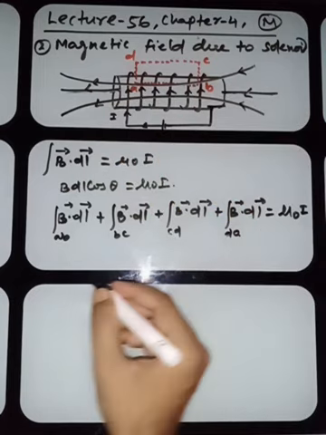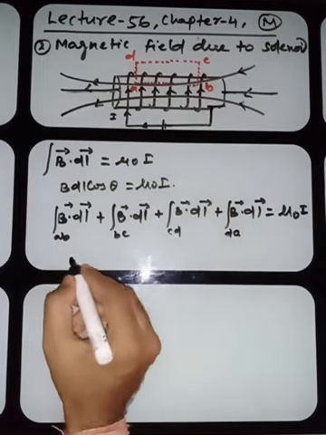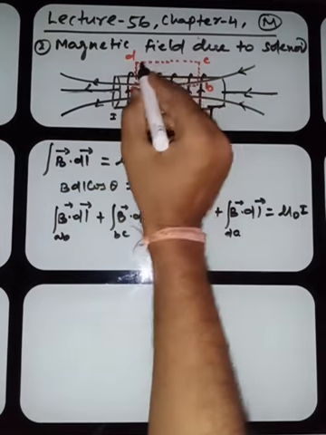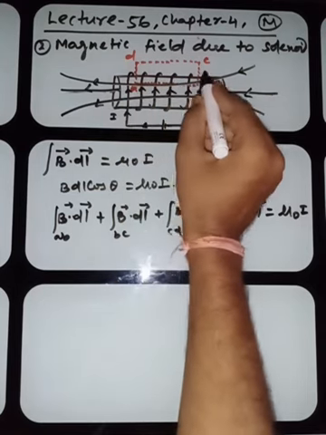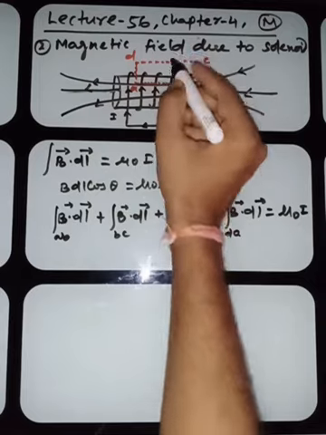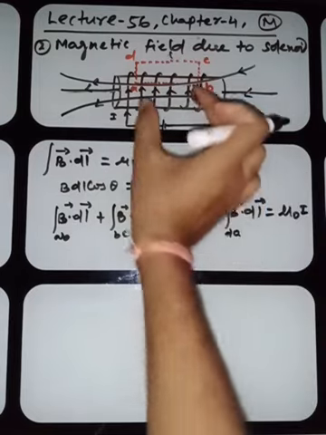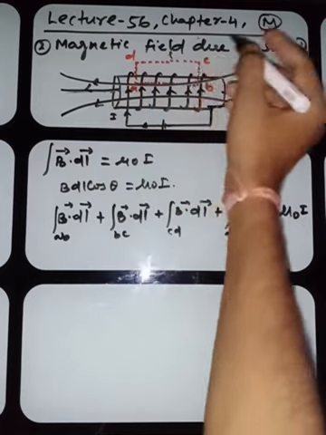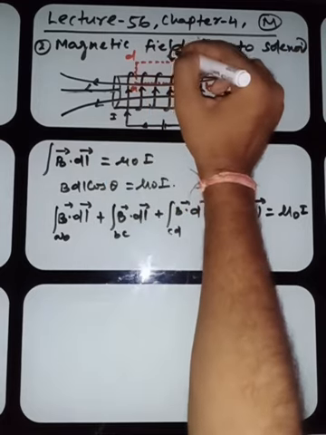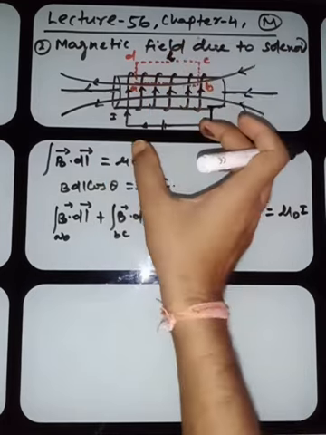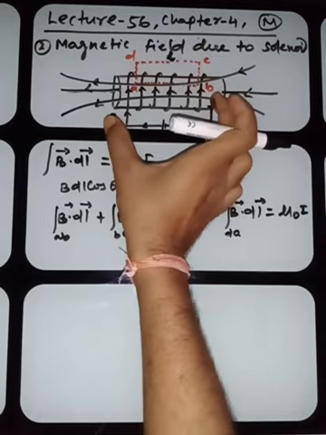Suppose the length of this Amperian loop is L, and we are considering only this small elemental Amperian loop, with the solenoid having only this much length.